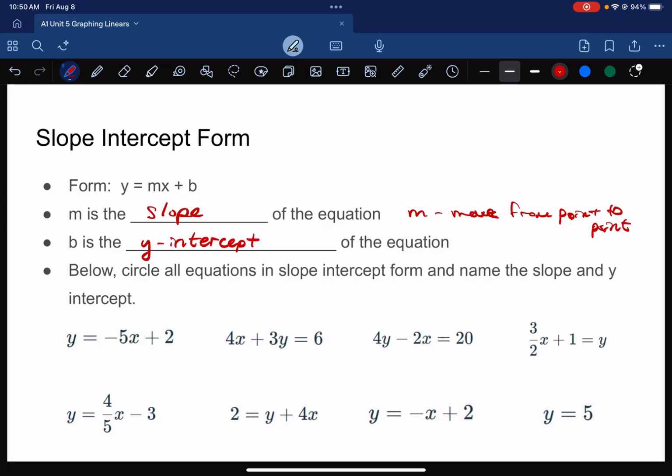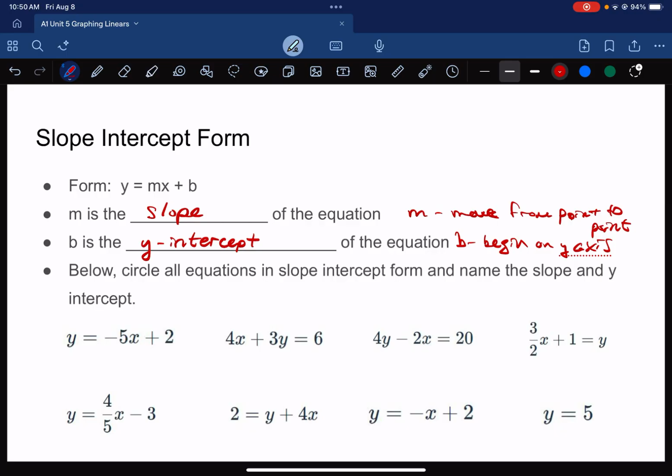And then I like to think of the b value as meaning begin. So it's going to be the beginning point on the y-axis, okay? So you're going to begin at the b value, and then you're going to move from that point to another point on the line, and then you can plot your line.